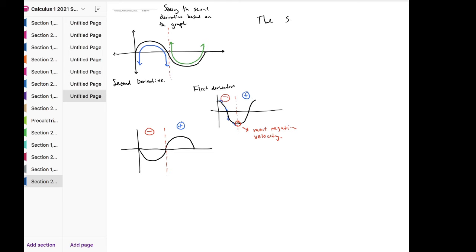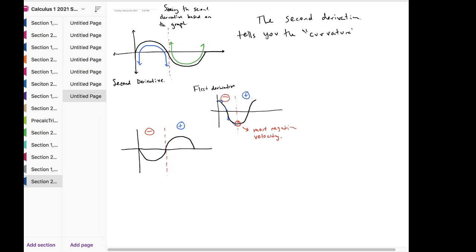The second derivative tells you the curvature, or the shape of the graph.